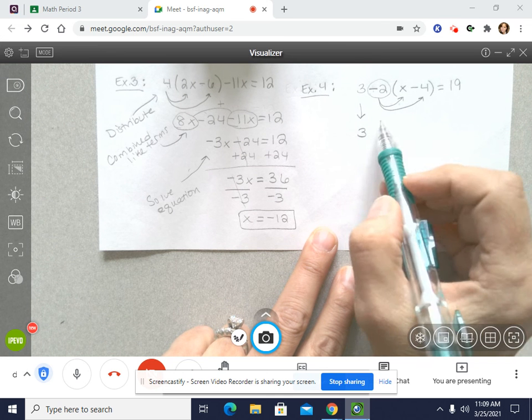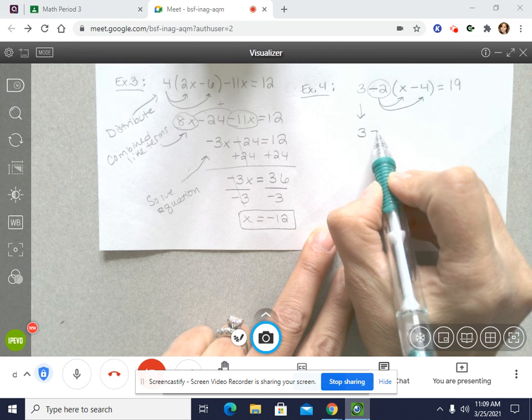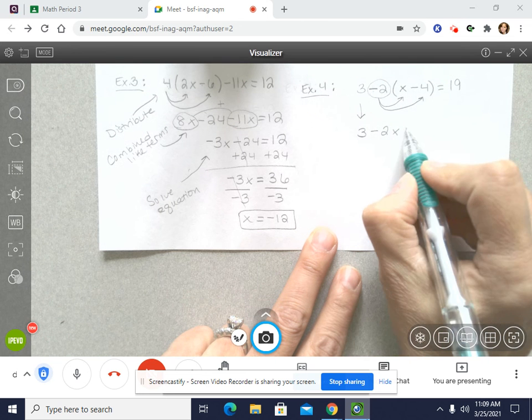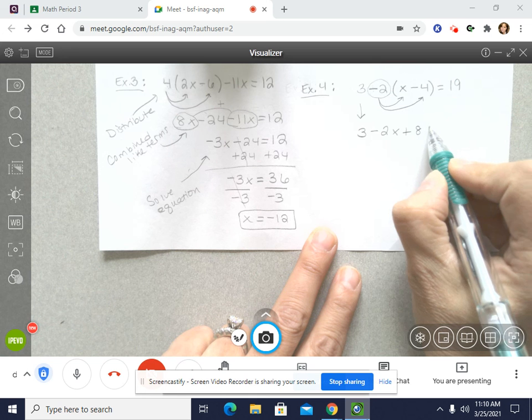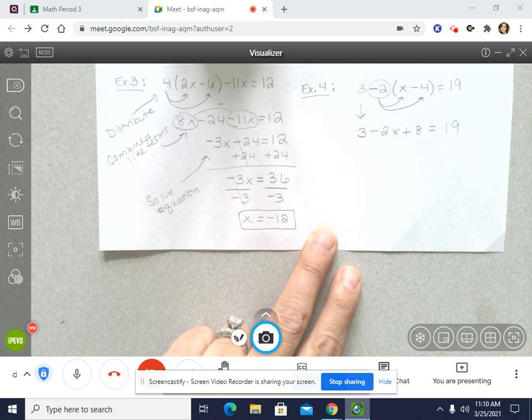All right. Now we have negative 2 times x is negative 2x. Negative 2 times negative 4 is positive 8 equals 19. All right, bring down our equals, bring down our 19. Now, are there any like terms we can combine in this one?